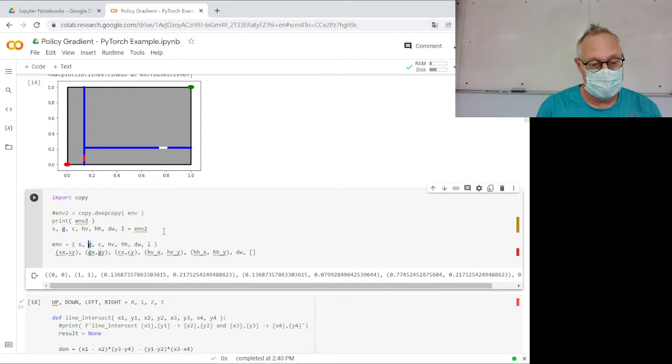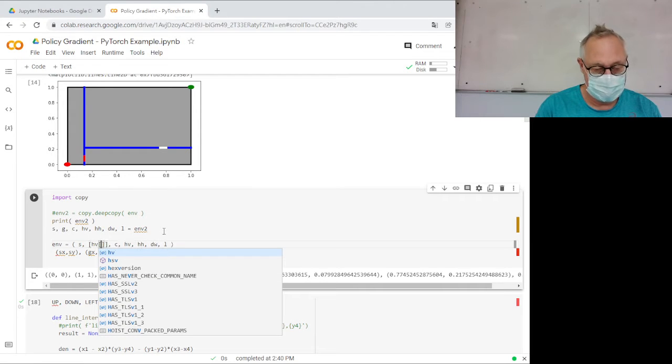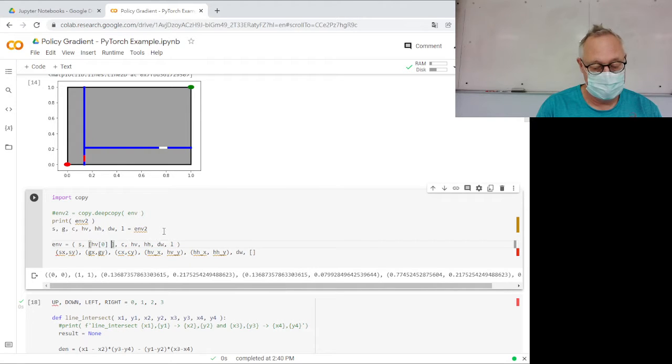So I'll change G to be HV 0 plus 0.3, and that will be the x coordinate and y coordinate 1.0, and that should be a tuple.